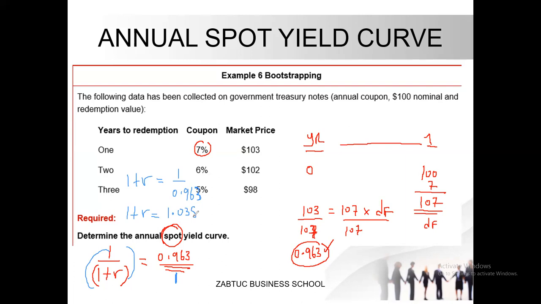Another number, 388 or 387? 384. So what is the interest rate then? 1 plus R gives us this. So you bring 1 on this side. So the interest rate that you're looking for is what? 0.0384. Or you're looking for 3.84%.